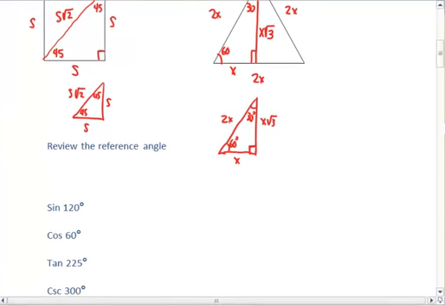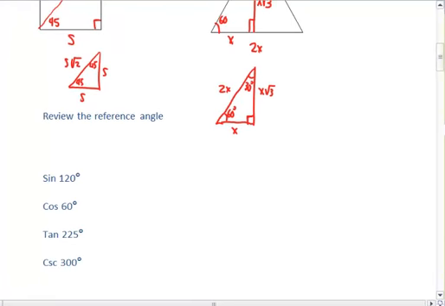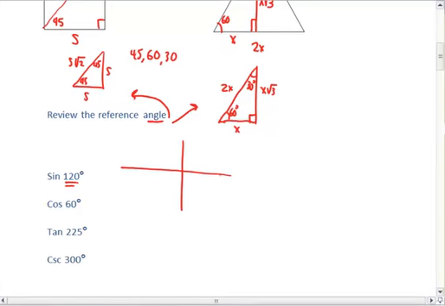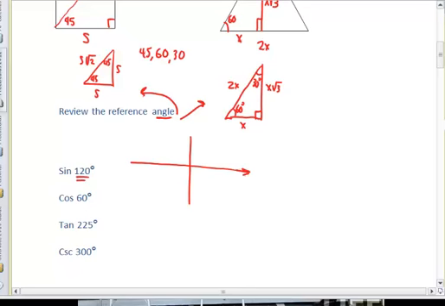First we have to consider, when we give you an angle other than 45, 60, and 30, such as the sine of 120, we have to figure out what the reference angle is. This reference angle is going to tie into one of these two pictures. What we first do to find the reference angle is draw our coordinate plane and put our angle in standard position.